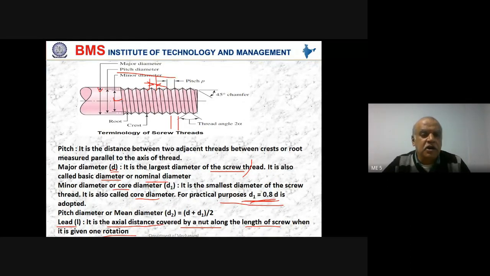Please note down pitch, major diameter, all the definitions. Because for the entire 2, 3 chapters, 2, 3 topics, we should have clarity of all these things. So please note down the definitions of each of them.